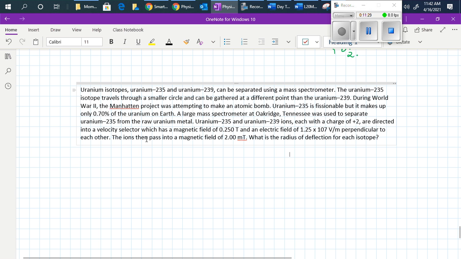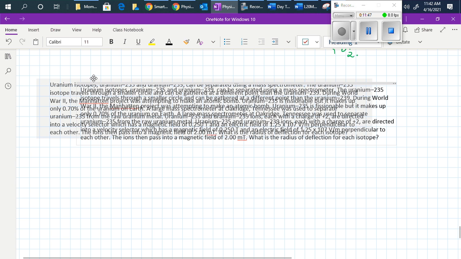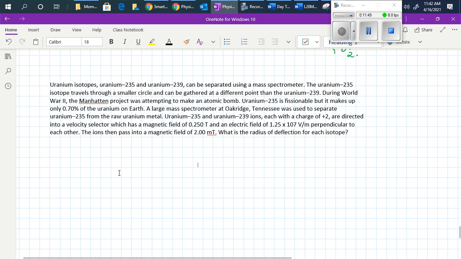The ion then passes into a magnetic field of 2 millitesla. What is the radius of the deflection of each isotope? As I said, it's a lot of information, and I'm giving this question so that you are aware of things that you will see on the diploma.